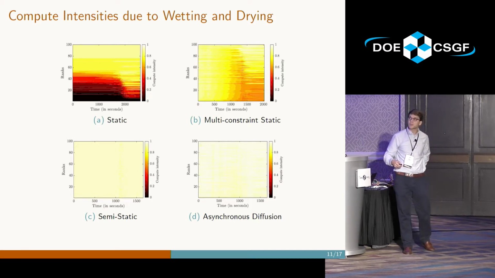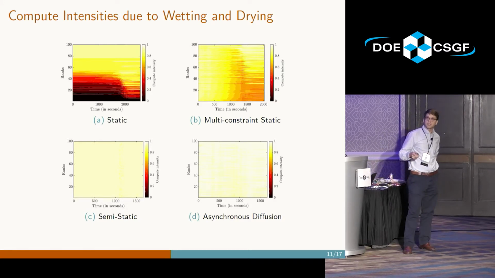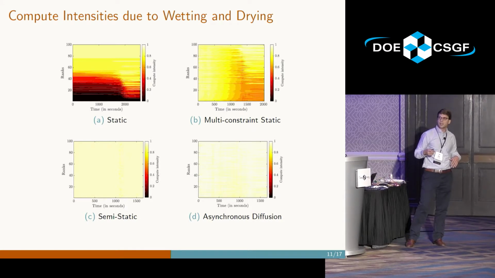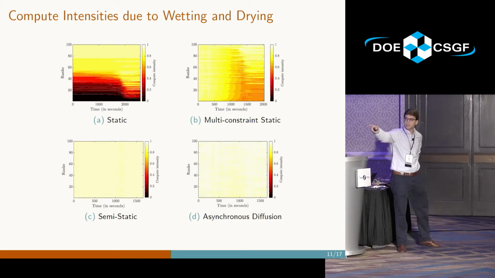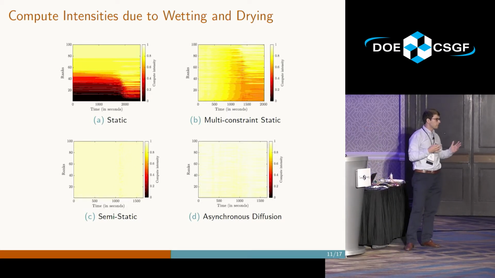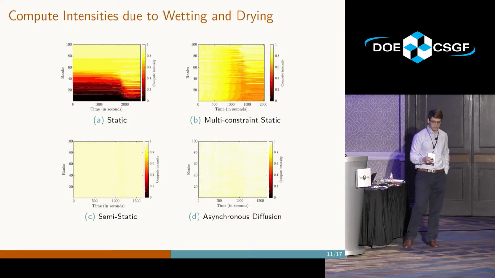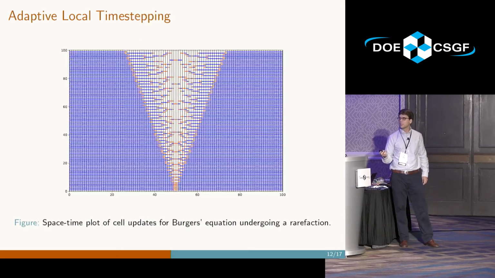These task-based runtimes provide mechanisms to dynamically reallocate these submeshes on the fly between nodes. This allows you to achieve the compute utilizations on the bottom. The semi-static and asynchronous diffusion approaches redistribute meshes across the cluster throughout the simulation, and so you can achieve much better utilization in these use cases.